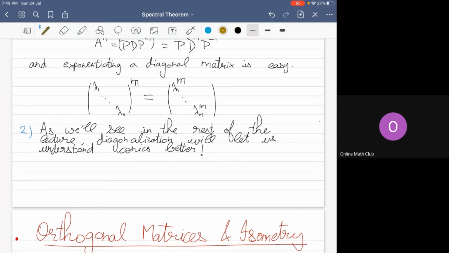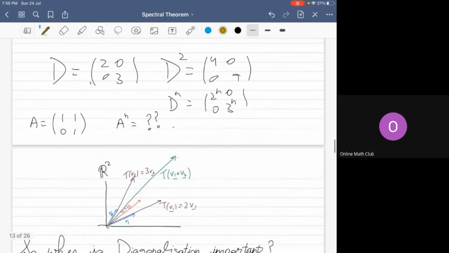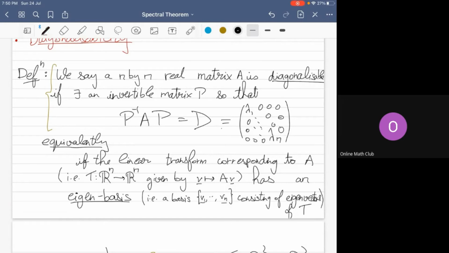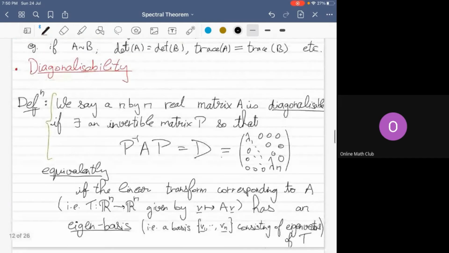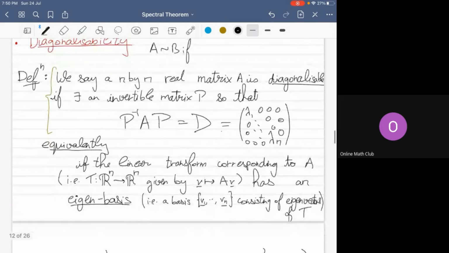Can you show once more how diagonalization exactly works? I didn't get much. Okay. Do you remember that definition of similarity of matrices? That A is similar to B if B is P inverse AP.